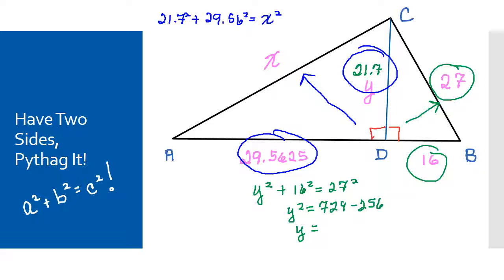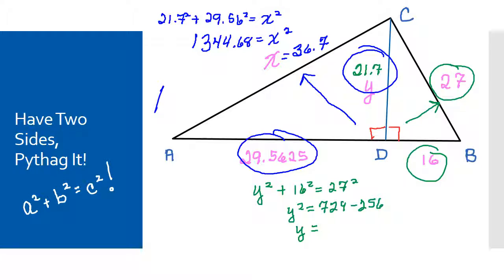Okay, so we end up with 1344.68 equals our x squared. So I'm going to square root both sides. So x is going to equal 36.7. And there you go. And again, it makes sense because it's larger than the two legs.